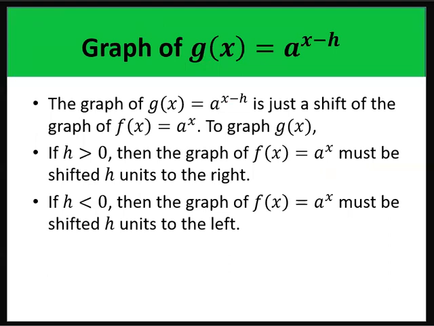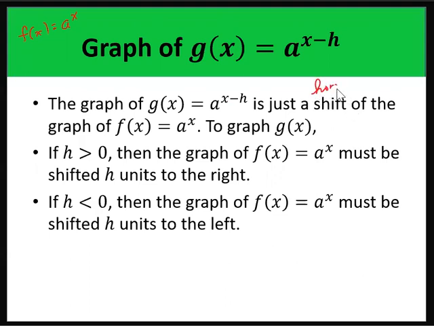Now, since you already know how to graph the basic exponential function f of x is equal to a raised to x, this time let's consider the graph of g of x equals a raised to x minus h. The graph of g of x equals a raised to x minus h is just a shift of the graph of f of x equals a raised to x.